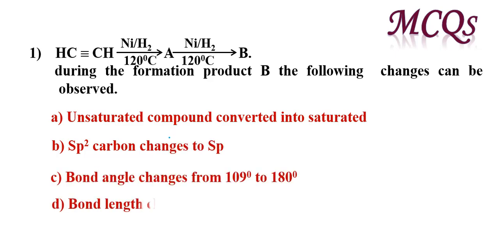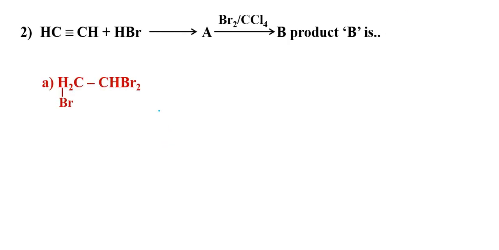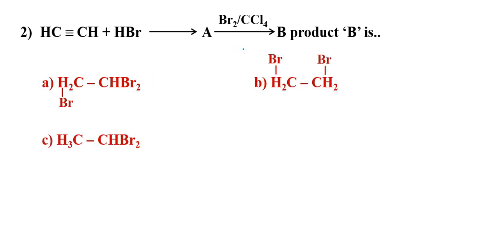So the unsaturated compound is converted into saturated. See HBr, so vinyl bromide is forming, then bromine in tetrachloride. 2 bromines are there. So you can see here I am writing the A product.